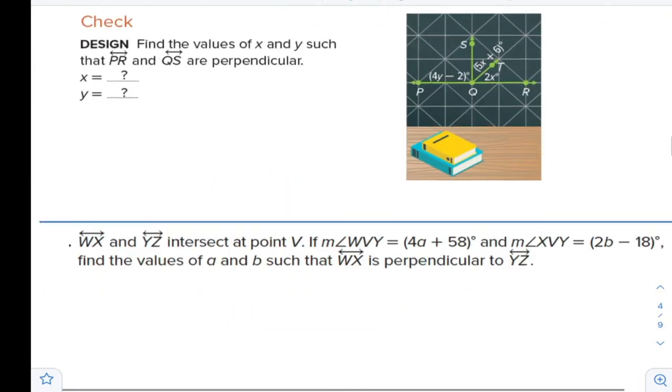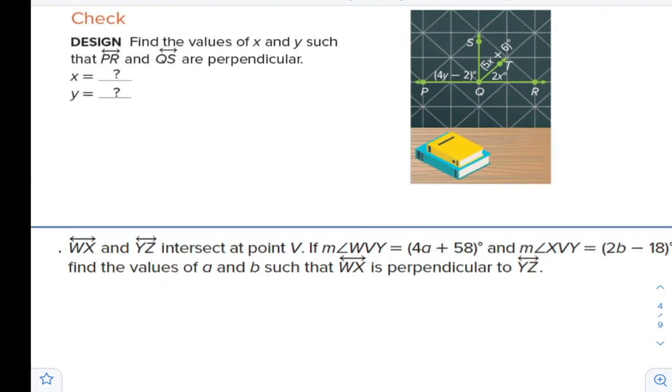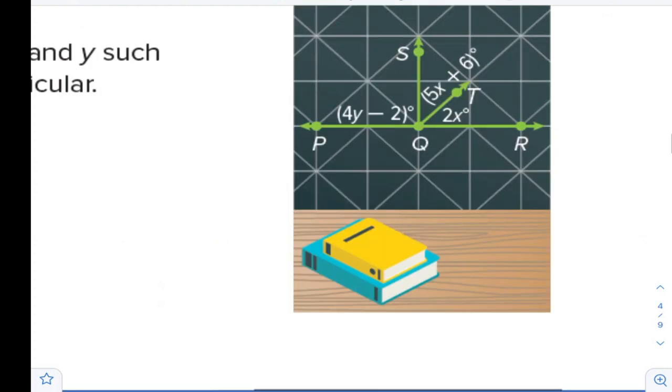Let's check this exercise. Find the values of x and y such that PR and QS are perpendicular. So if PR, which is this one, and QS, which is this one, are perpendicular, معناها هذه كم؟ أكيد 90 degrees, and this is also 90 degrees.